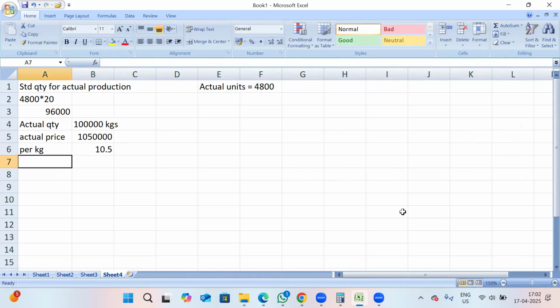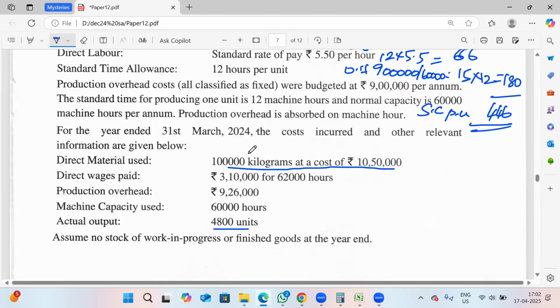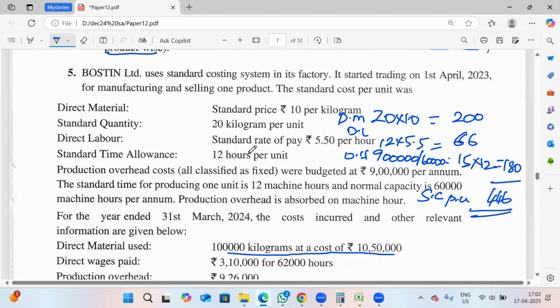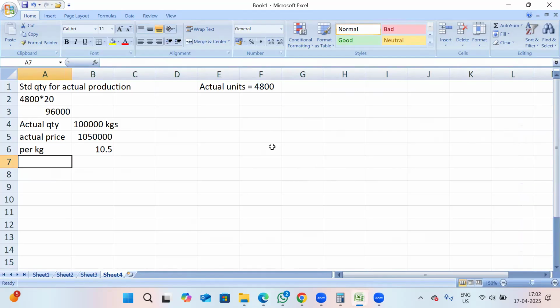So 10.5 per kg I have used. This is the actual. Now the standard rate is 10 rupees per kilogram. So the standard rate per kg is 10 rupees.